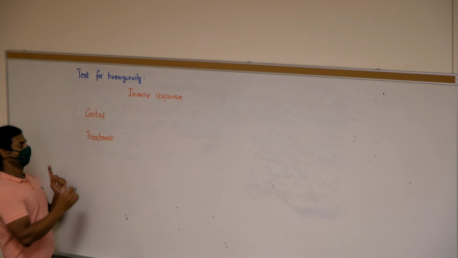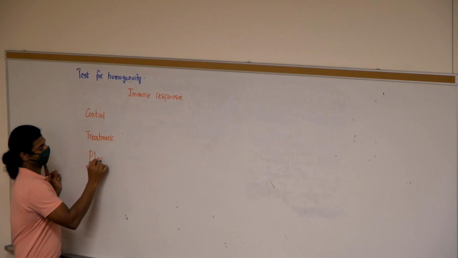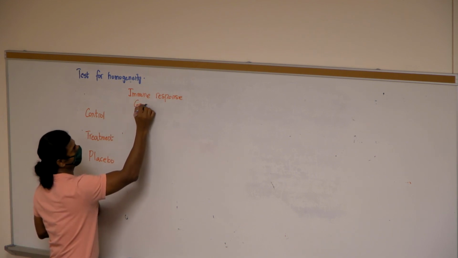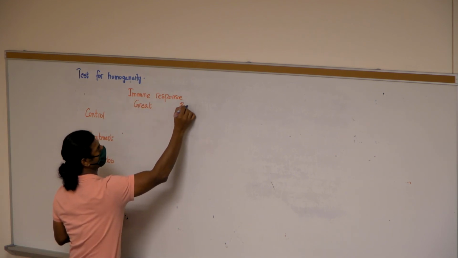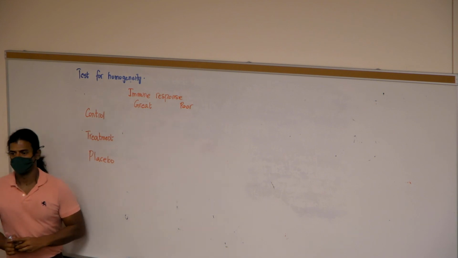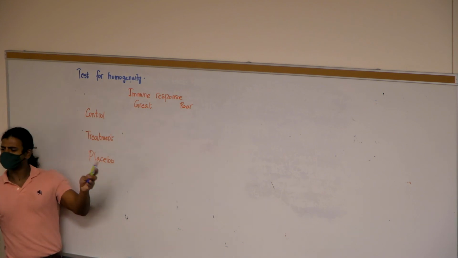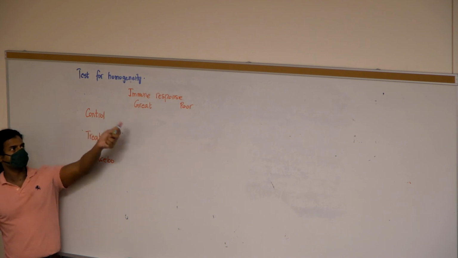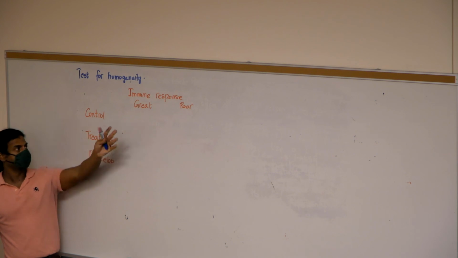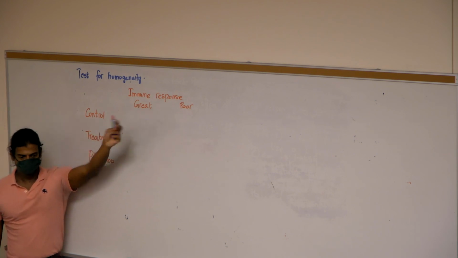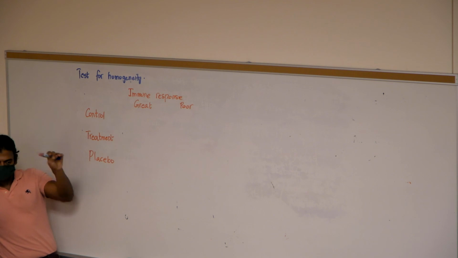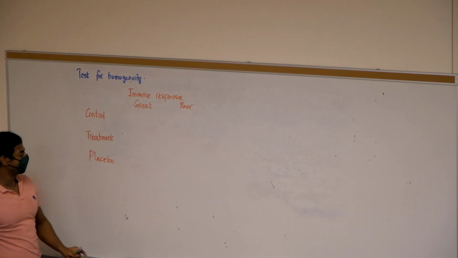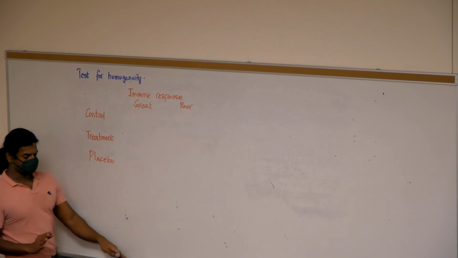And lastly, placebo. We will do an example on this next time. So we want to measure the immune response at 2 levels, great and poor, and control is the current drug that's in the market, treatment is something that we came up with, and then naturally the placebo.